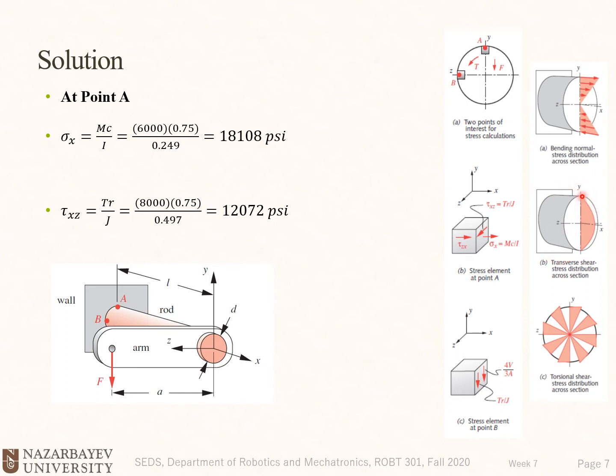Okay, so at point A, we don't have a stress from that, but we have shear stress because of the torsion torque. Okay, so the torsion torque formula was TR divided by J. We calculated the torsion torque, R is the radius of the cross section, and we calculated J.